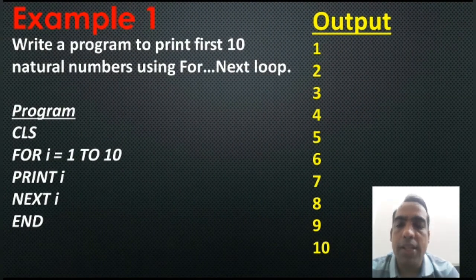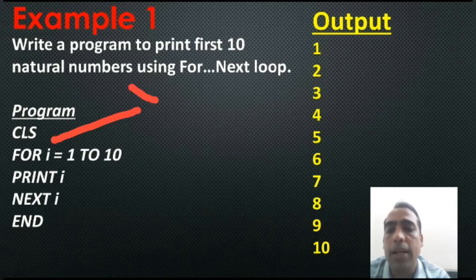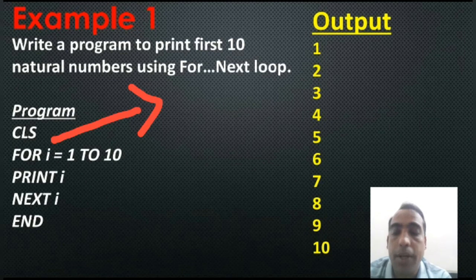Now you can see the first example of for next loop. Write a program to print the first 10 natural numbers using for next loop. First we have to write CLS. CLS means clear screen. Then for I equals to 1 to 10. Here I is a counter variable and 1 to 10 is the start to end value, because in the given program we have to print the first 10 natural numbers.